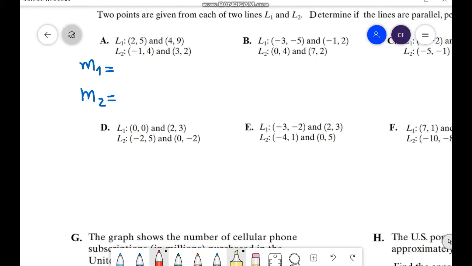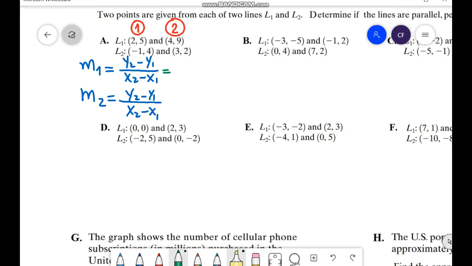Let's say this is point 1 and point 2. Okay? And the formula is the same: y2 minus y1 over x2 minus x1. When we're calculating M1, we're going to use the data only from line 1.